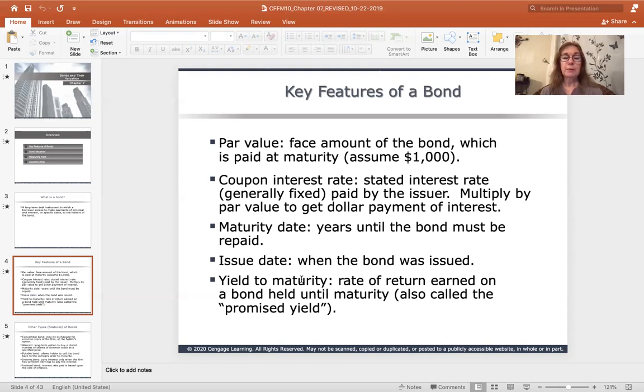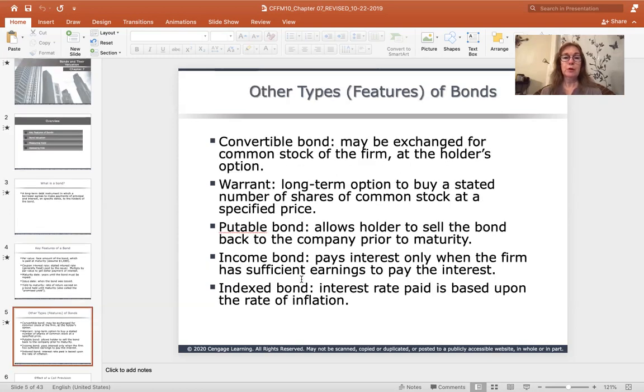And then they might put the yield to maturity on the bond. When the bond is initially issued, the yield to maturity and the coupon rate are the same. It only changes if the market interest rates change after the bond has been issued, which is the crux of bond valuation, which we're going to talk about a little bit later.